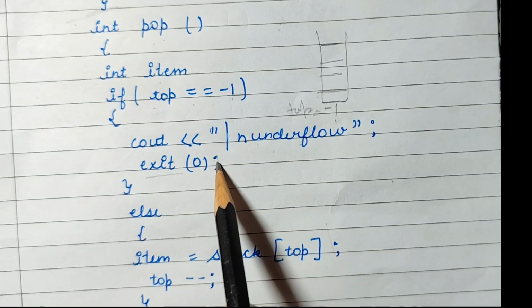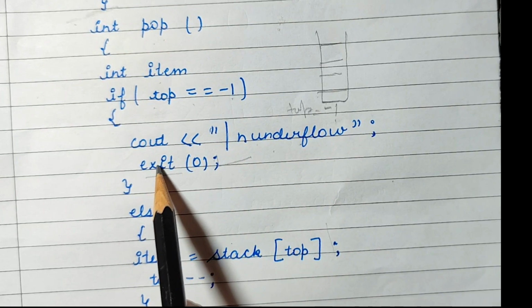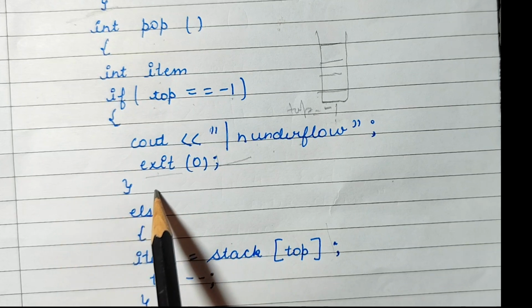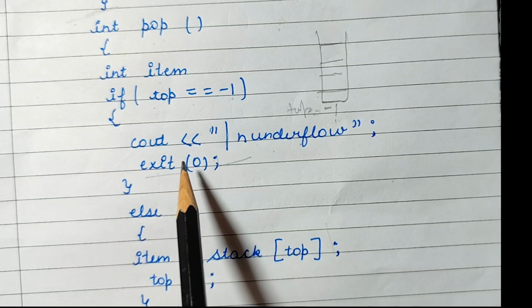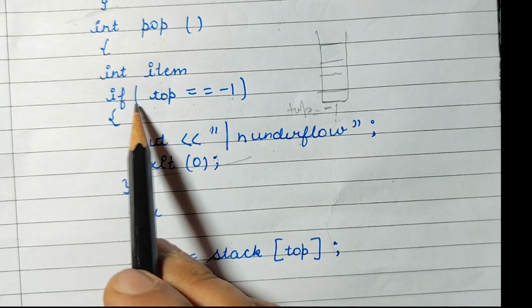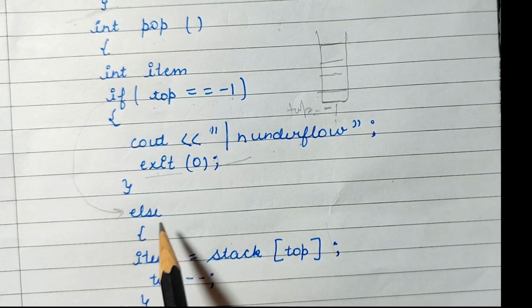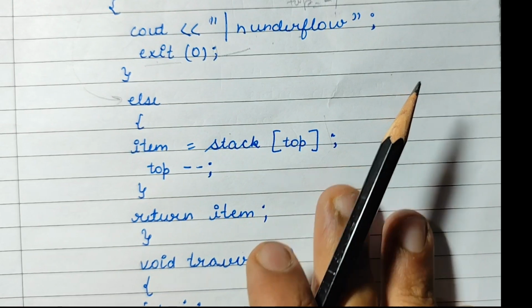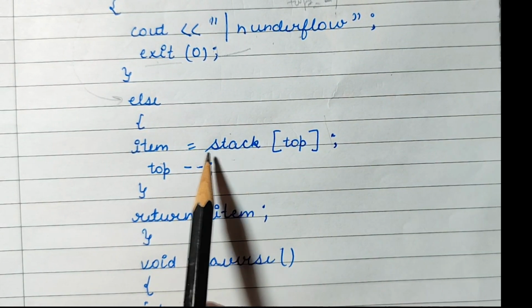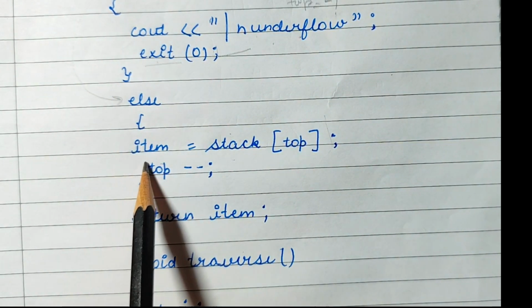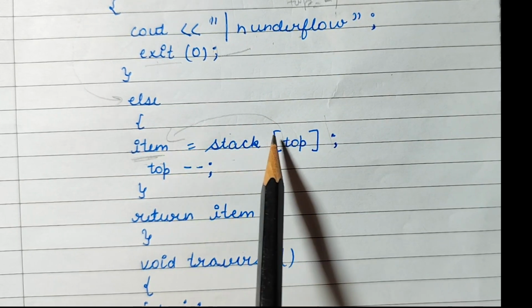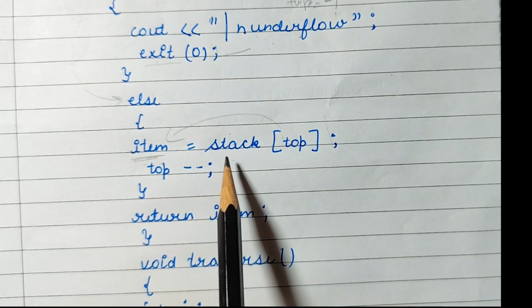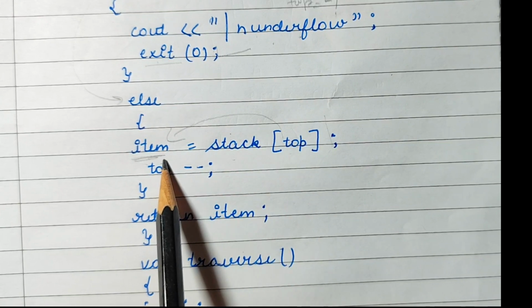In that case the exit function is called, and control will exit from the program, because the exit function is used for making the control jump out of the program. If this condition is false, control goes to the else part. In the else part, first we fetch the item. The item is just a variable. In this item variable, first we fetch the value of the top element of the stack, so stack of top is equal to item.